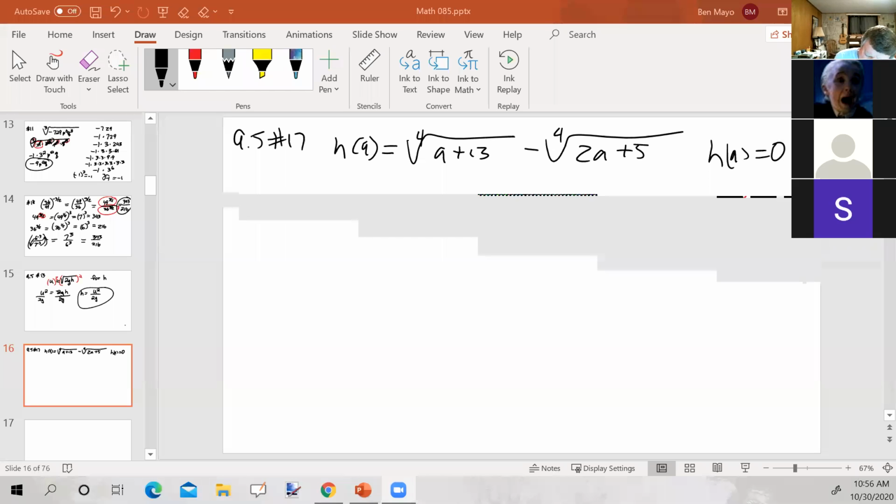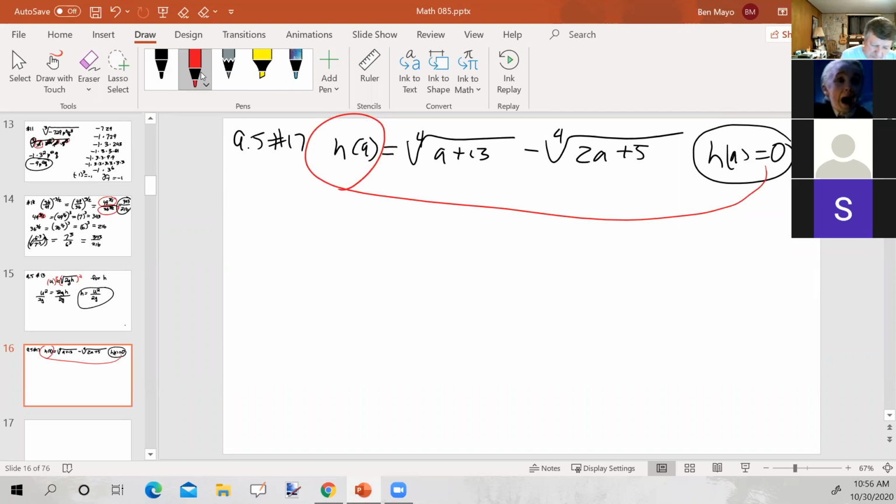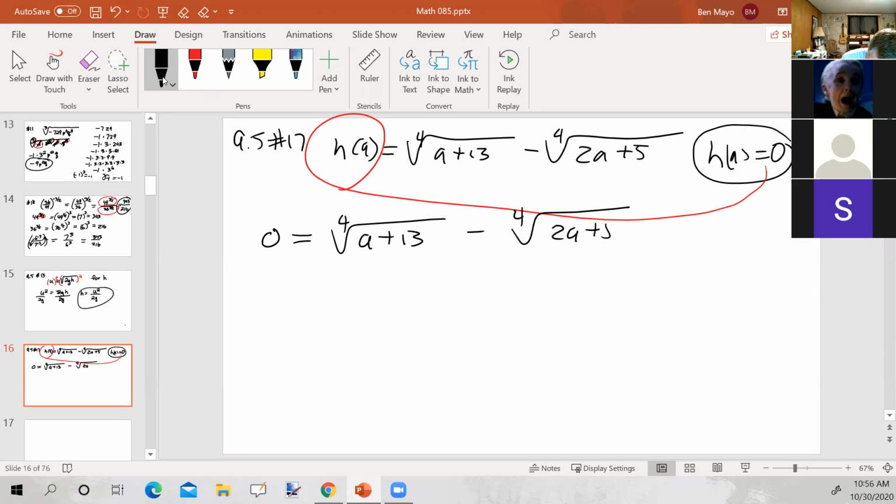Because they're telling us that, we're going to substitute 0 over here. So that means we have this equation. 0 equals the 4th root of a plus 13 minus the 4th root of 2a plus 5.